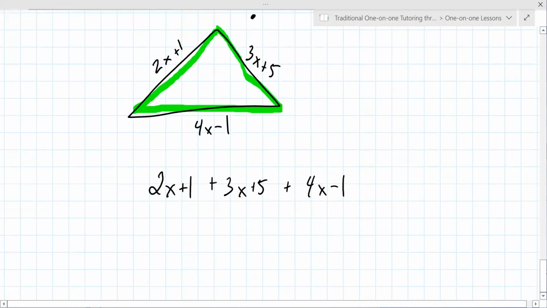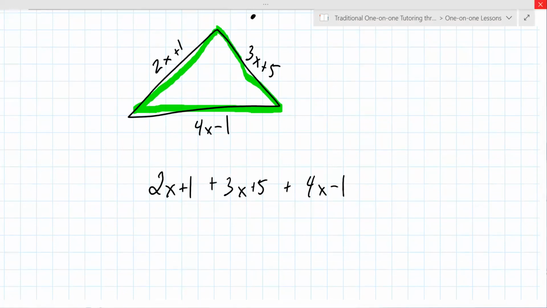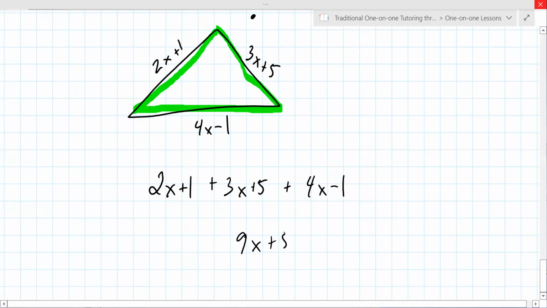Could you simplify this expression for us and let me know what you come up with? Sure. Yeah, 9x plus 5. Yes. Very good.